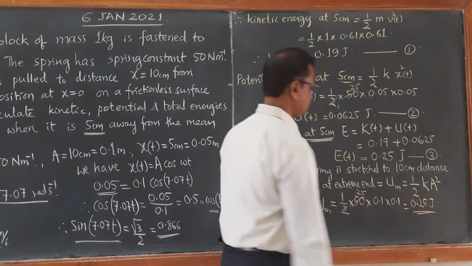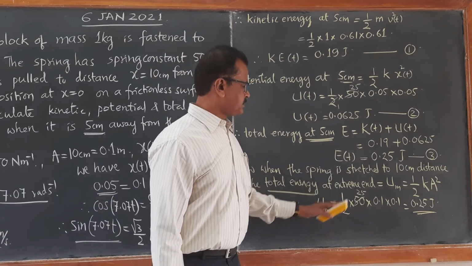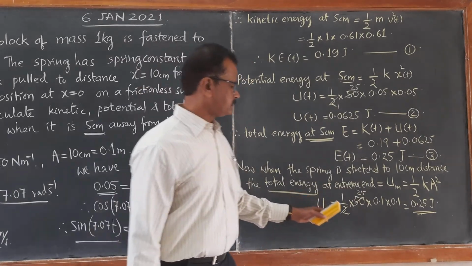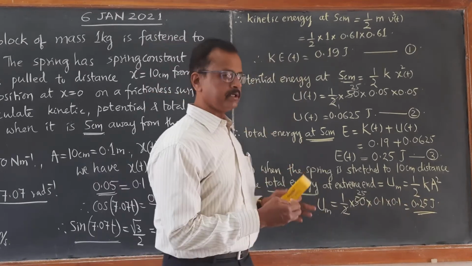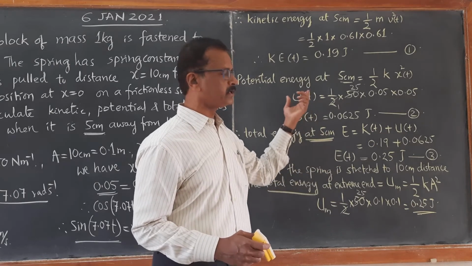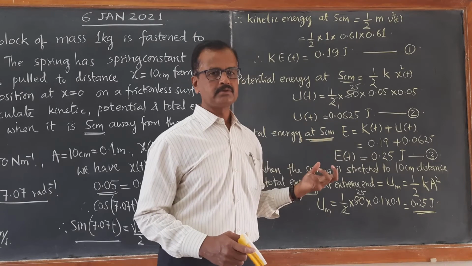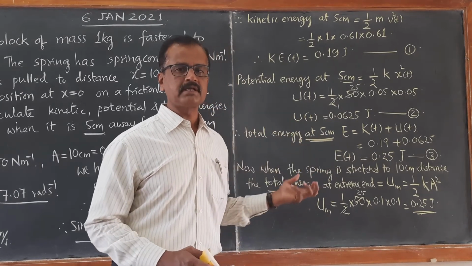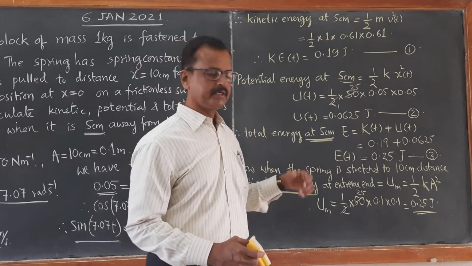That's how you can see the total energy at the extremities is 0.25 joules, and at any position the total energy is again the sum of kinetic and potential energy. As a result, it becomes 0.25 joules. So conservation of energy is also realized.